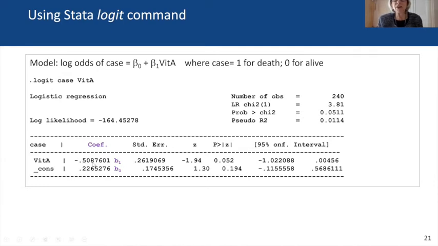It's the log odds ratio of death in vitamin A versus placebo. And we see what is called underscore constant. That's the intercept, which we labeled here as B naught. So B naught is the estimate of the intercept beta naught, and its value is 0.226. And we would call that the log odds of death among those receiving placebo.